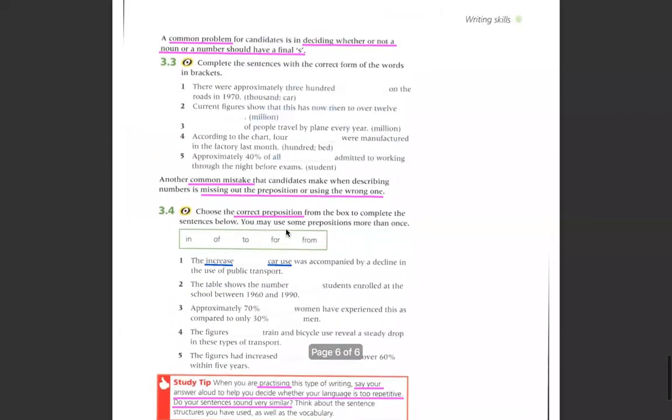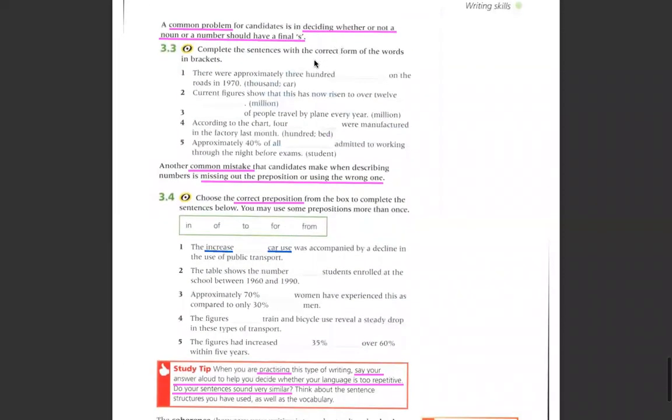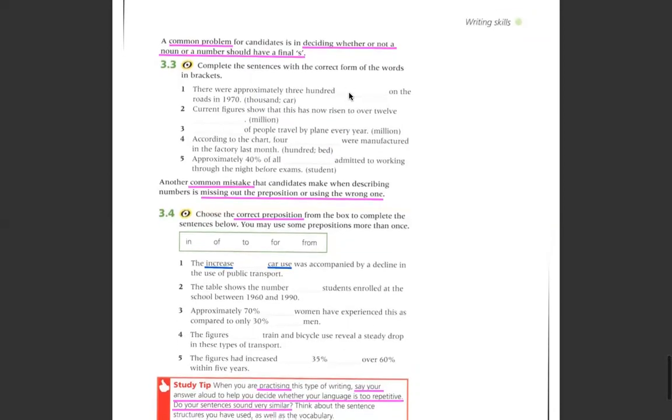All right, let's look at one more thing to do with numbers. A common problem is deciding whether to use an S on the end of a noun or a number. So does it have an S or doesn't it? So let's have a look at a few of these. So we need to complete the gap using these words. You need to decide whether we add an S onto the end or not.